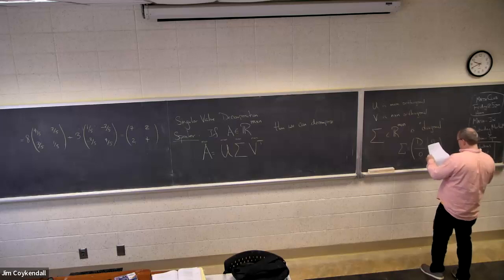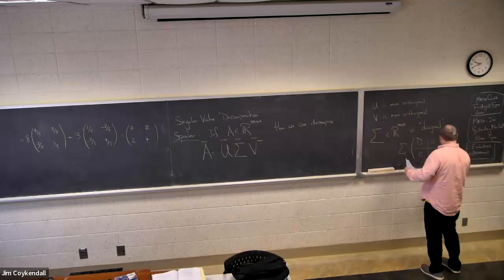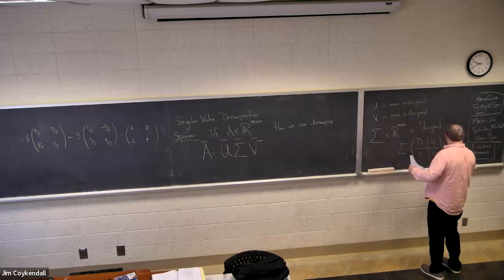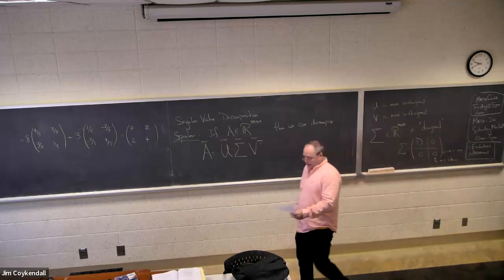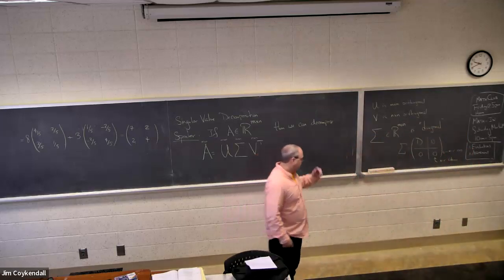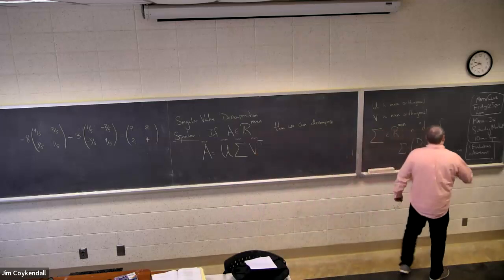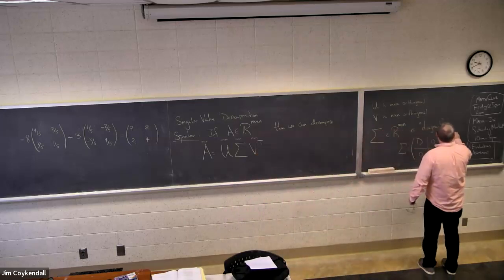Where this has n minus r columns, and this has n minus r rows. Where r equals the number of non-zero entries.